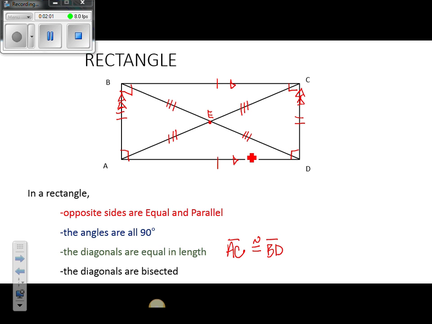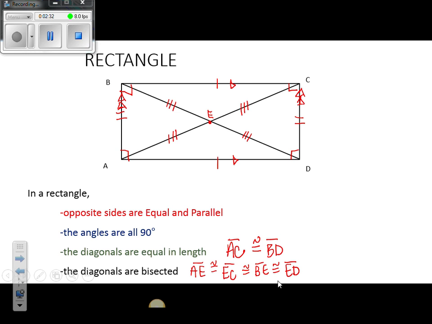So it does have some properties of the parallelogram, which makes it a type of parallelogram, but it does have other different qualities. Because it's not slanted, it has that 90-degree angle, and then the diagonals are bisected. So we can say AE is congruent to EC, which is congruent to BE, which is congruent to ED. All right, that's a rectangle.